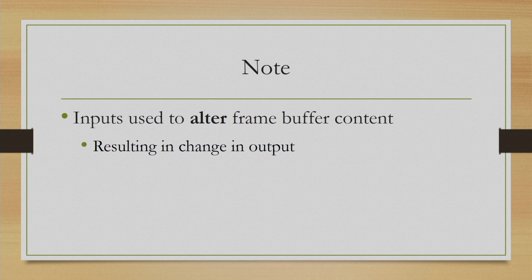Now, these inputs can be used to alter the frame buffer content. For example, I have created an image of a cube and a ball as the example we started with. Now, I gave a voice command: place the ball on the left side of the cube. That means the computer will understand this command and accordingly modify the frame buffer values, so that the ball is now placed on the left side of the cube.